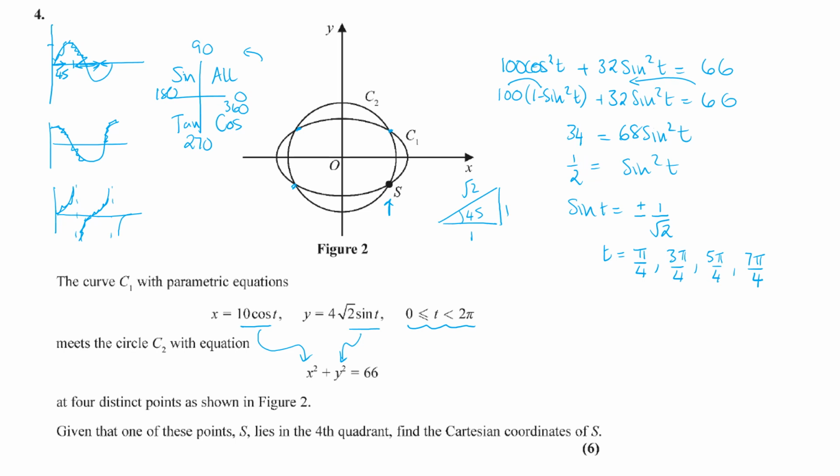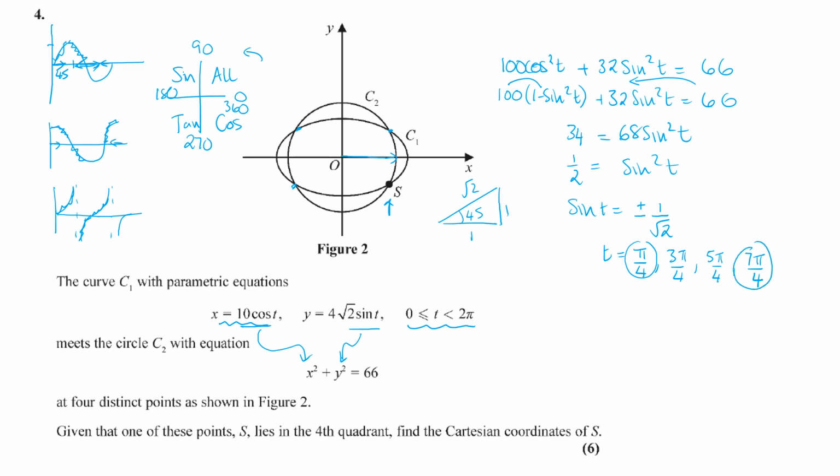Now, to find S, we need where x is positive, and here's the x given parametrically, and we need a positive. So cos of pi by 4 is going to be positive because that is this one here, but the other positive one is going to be this one, which is 7 pi by 4.